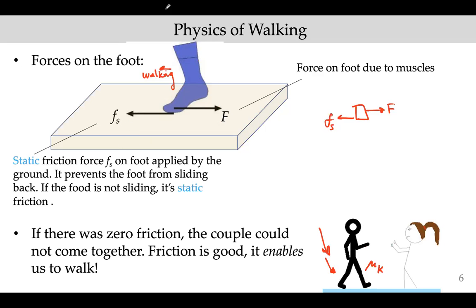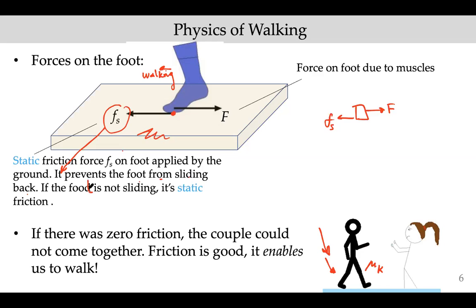Yes, the body is moving forward, but the foot, when it steps on the ground, is stationary, it's not sliding. So this is the static friction force on the foot applied by the ground. It prevents the foot from sliding back.